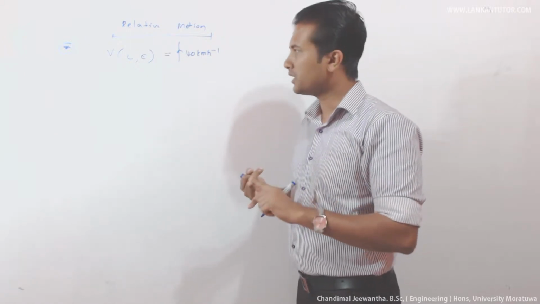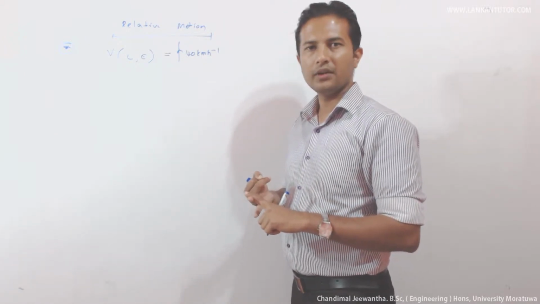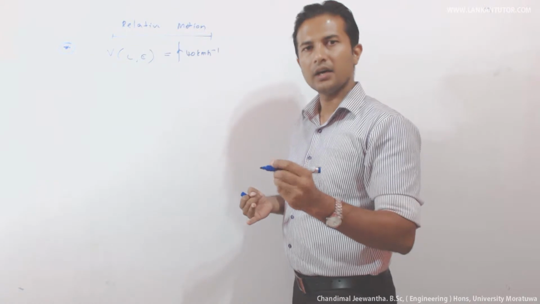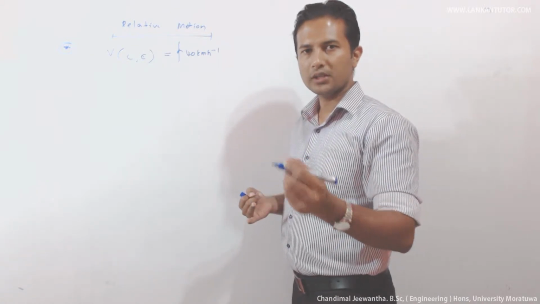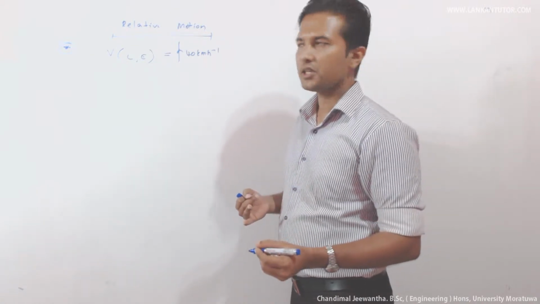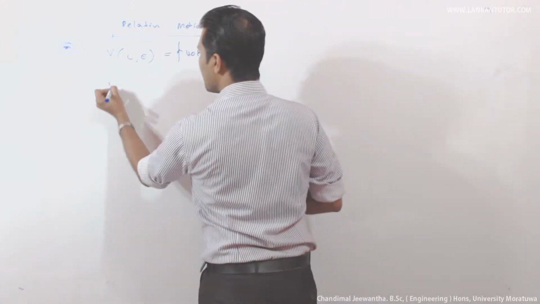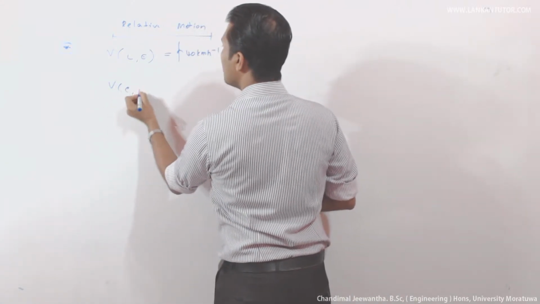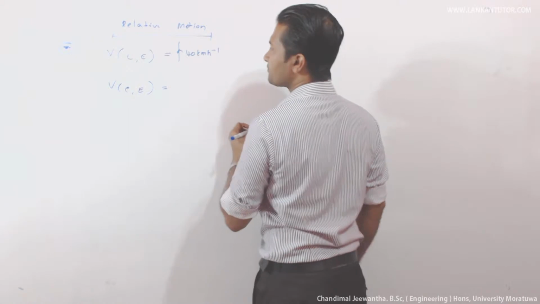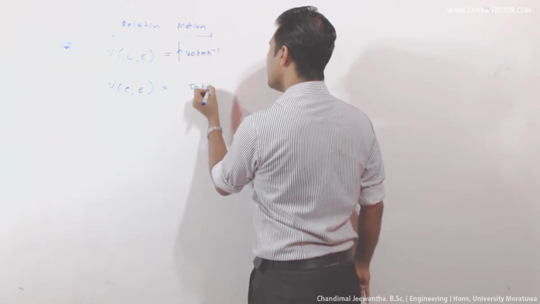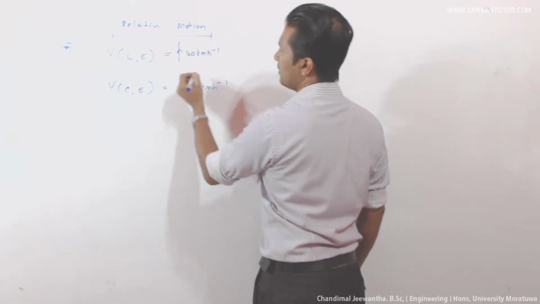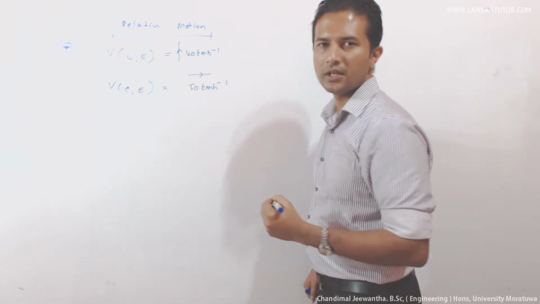Okay, so let's consider another example. Velocity of car towards east with a velocity of 50 means velocity of car relative to the earth is 50 kilometers per hour towards east.